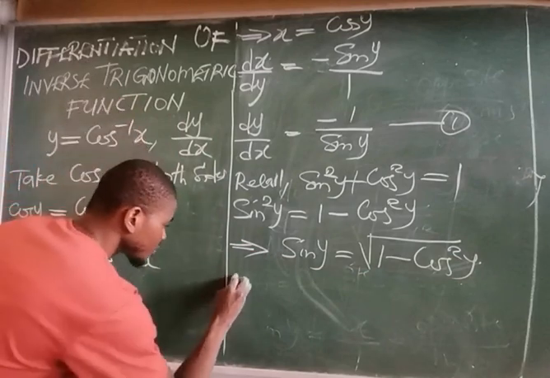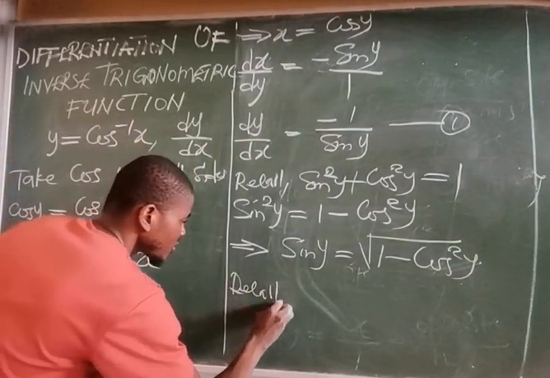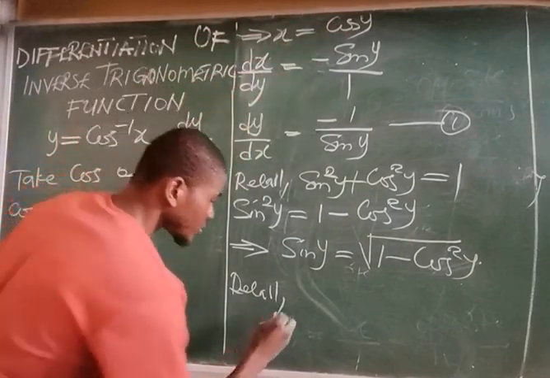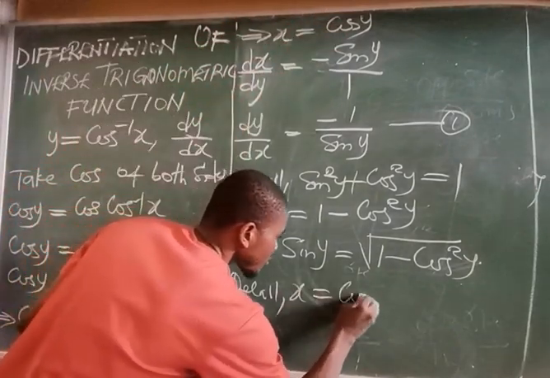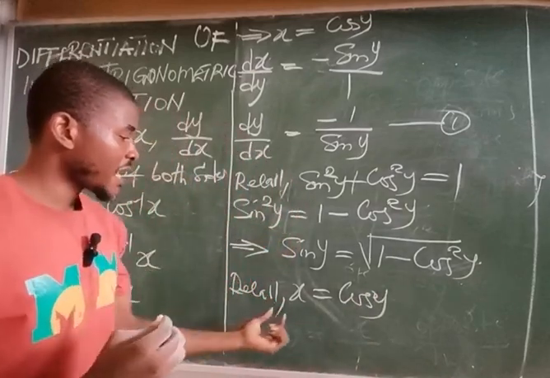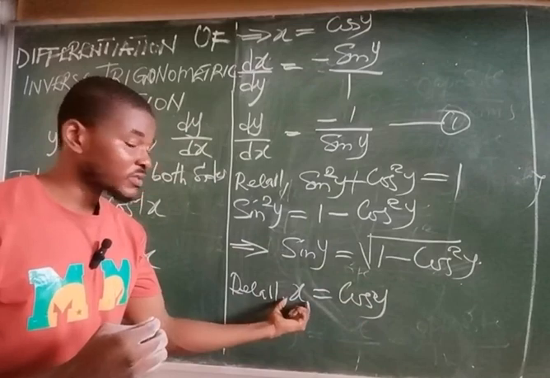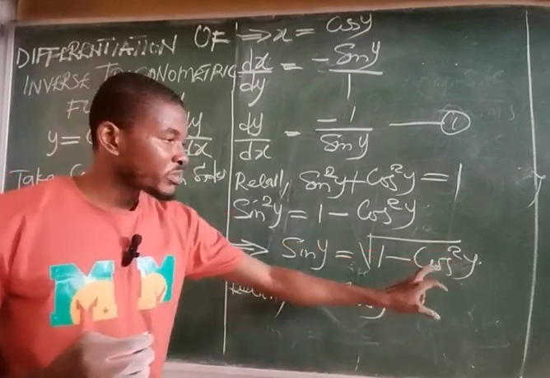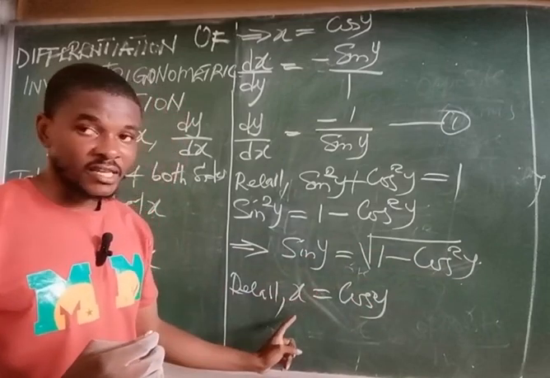So I will recall, earlier we said x is equal to cos y. So wherever I see cos y, I can simply replace it with x. And here I have cos squared y, so in place of cos y I can put in the value x.